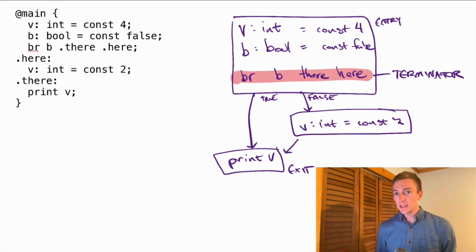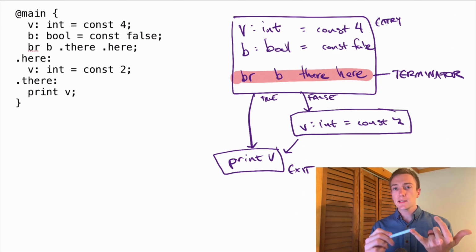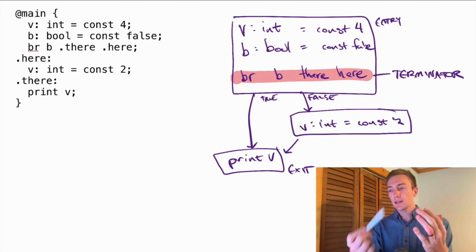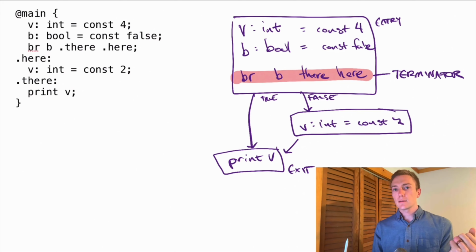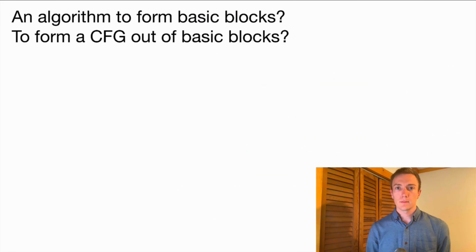So in this little language that we've been experimenting with, the only terminators that exist are the branch instruction and the jump instruction. When you represent basic blocks in memory, you can think of them as just lists of instructions where the last one is the only one that can be a terminator. All the rest of the instructions have to be non-terminator instructions.